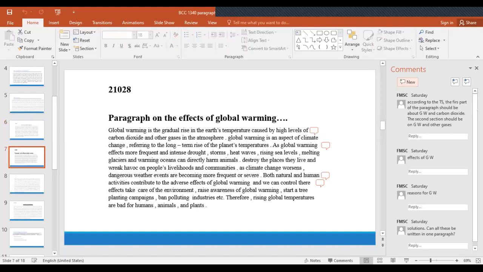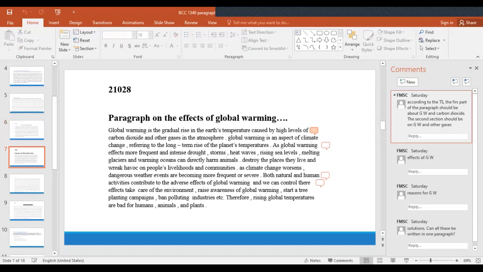21028. So I have said, according to the topic sentence, the first part of the paragraph should be about global warming and carbon dioxide. The second part should be about global warming and other gases, right? So you have tried to write your paragraph according to the logical division of ideas.